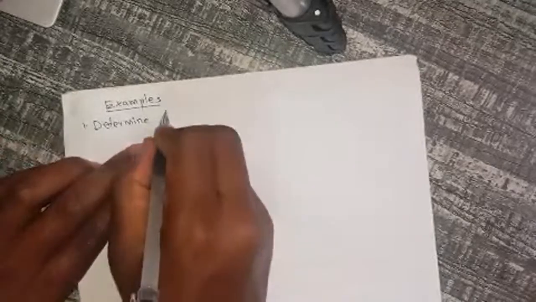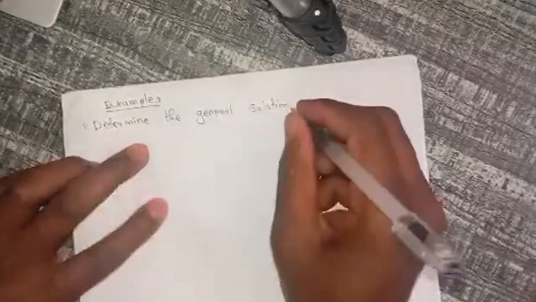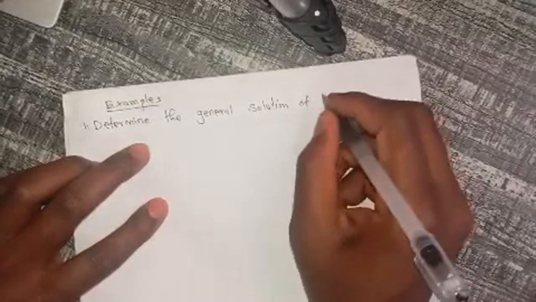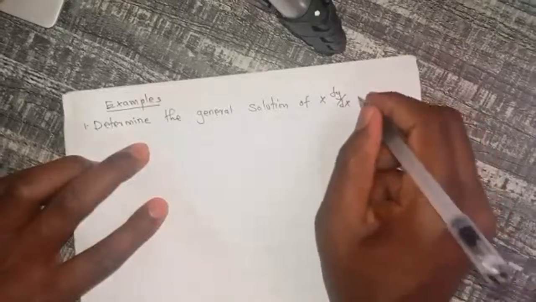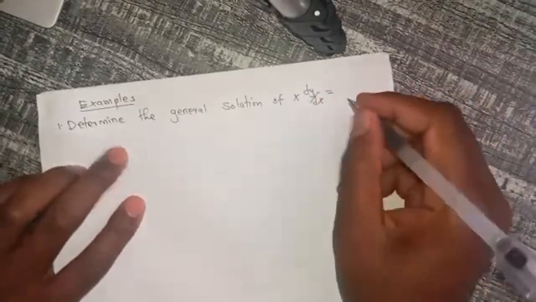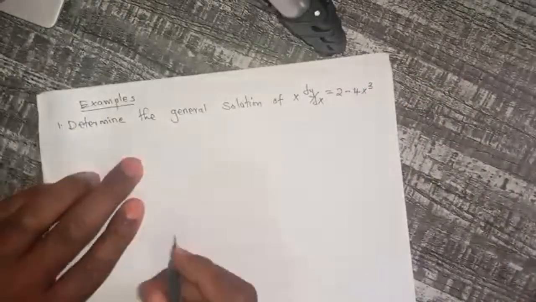So examples, we are going to use very simple examples. This one says: determine the general solution of x dy over dx equals 2 minus 4x cubed.